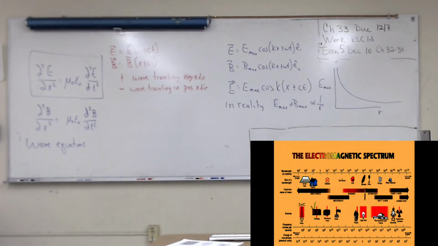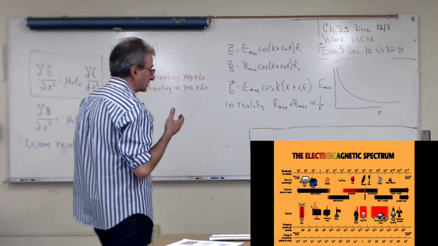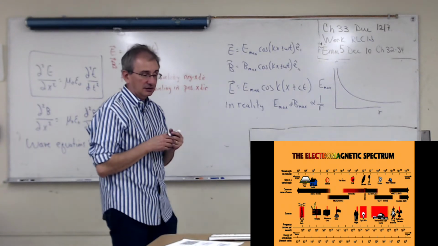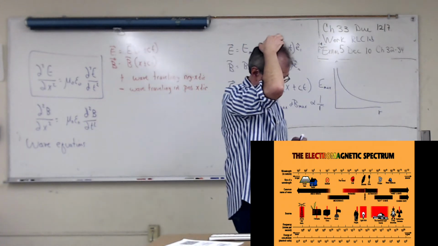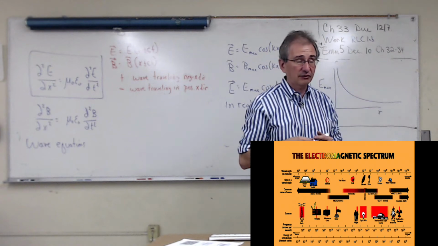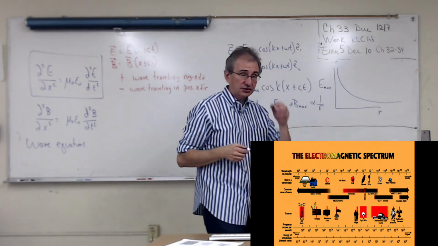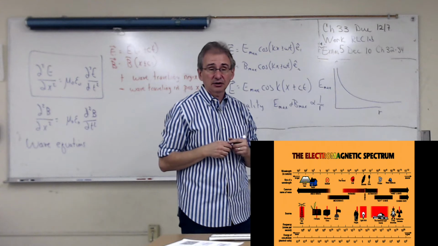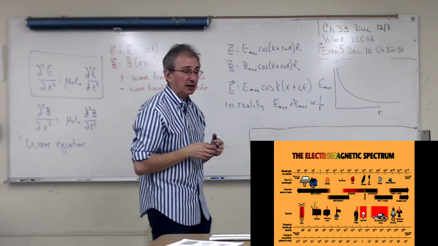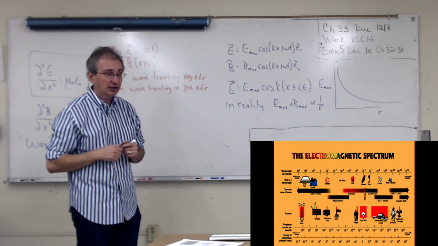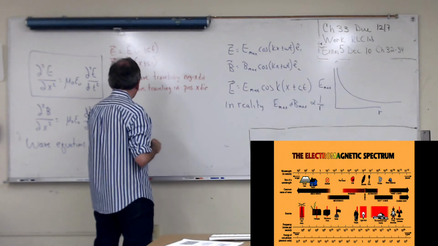Now, one more thing I want to say is that from the modern physics point of view, the electromagnetic field is described in terms of photons. A whole bunch of photons make up the electromagnetic field. Each photon has an energy.